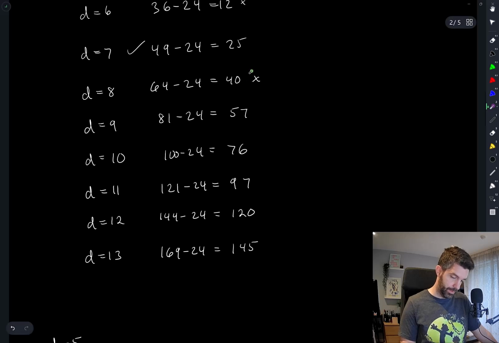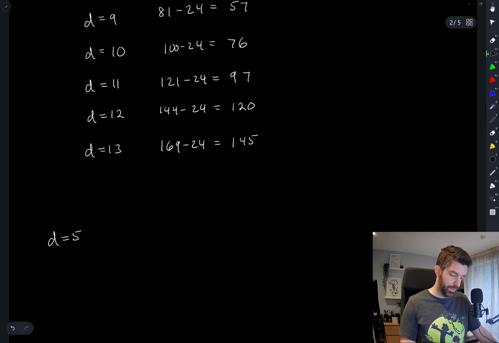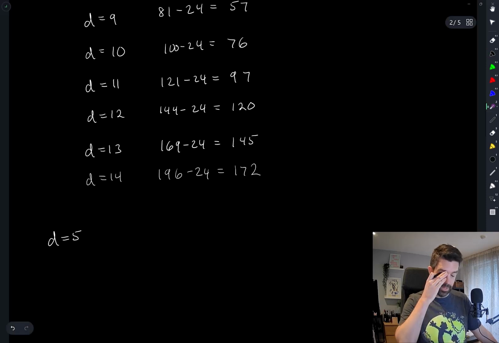But if I did the arithmetic correctly, none of these are perfect squares. So I don't have to worry about that. Even if we go one higher, d is equal to 14, I believe 14 squared is 196. Minus 24 is 172.